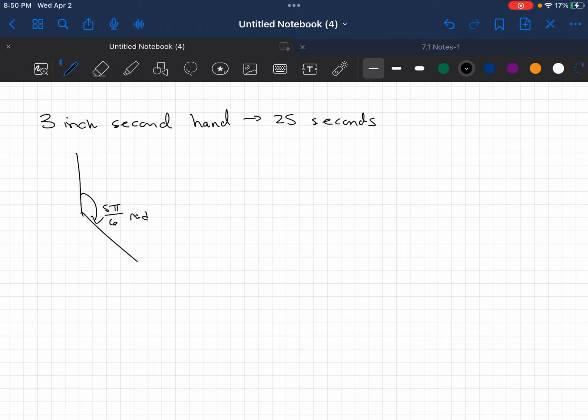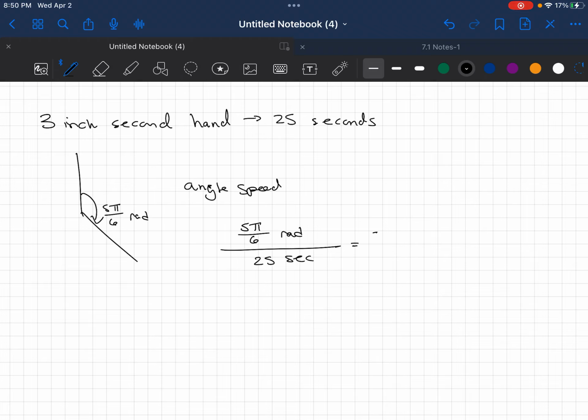So if we want to think about some kind of angular speed, we know that it goes 5 pi over 6 radians per 25 seconds.